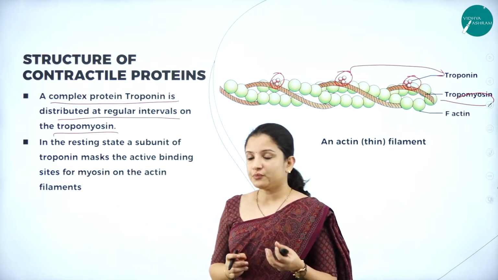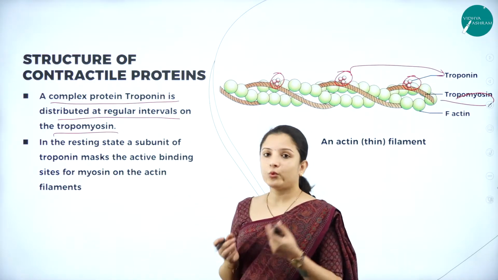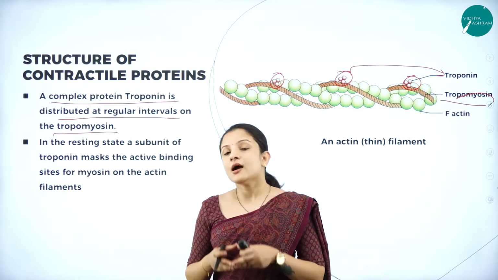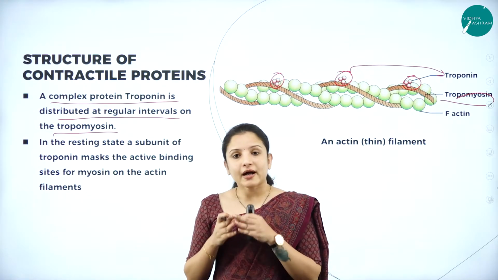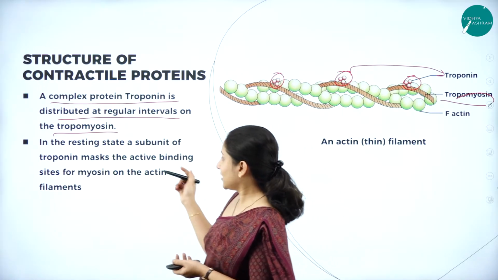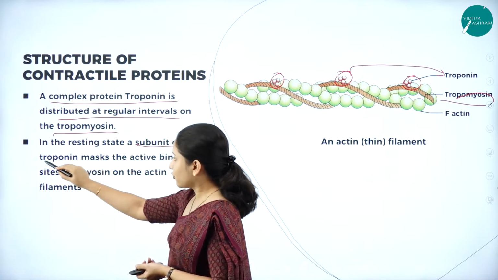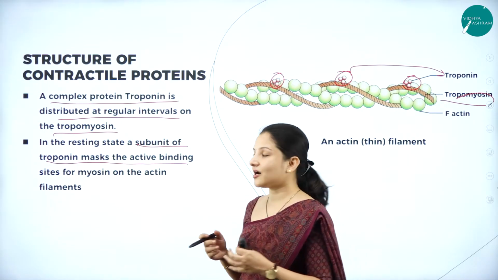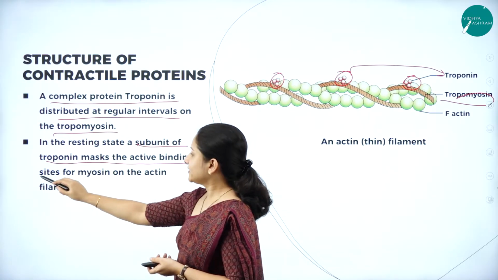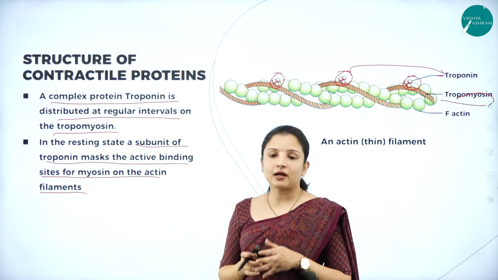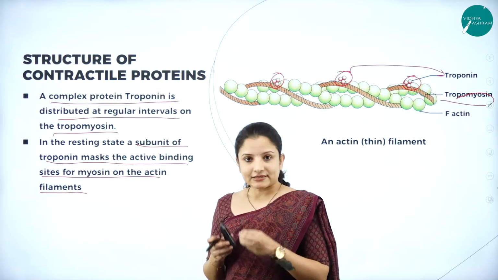Troponin is also one of the proteins present, and whenever the muscle is in a resting state, or whenever the actin filament or the isotropic band, the I band, is in the resting state, a subunit of troponin masks, or completely covers, the active binding sites for myosin on the actin filaments, and that is how they come back to the relaxation state.